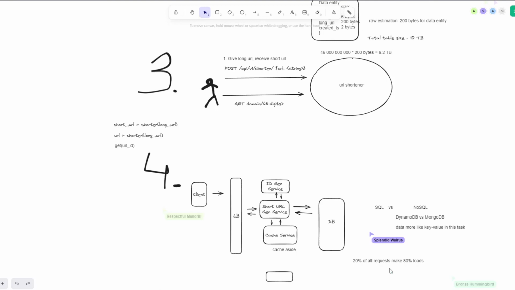That is how we can calculate cache size. For example, we have 10 terabytes per 5 years, and we cache about the last 20% of them. So nearly 10 TB of cache would have the entire data in cache.